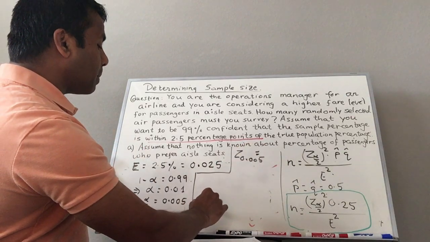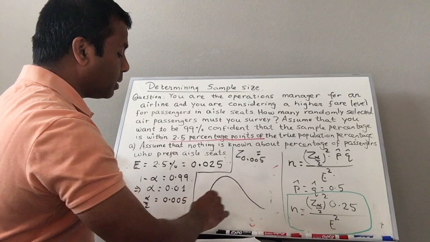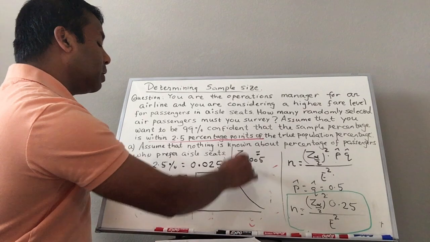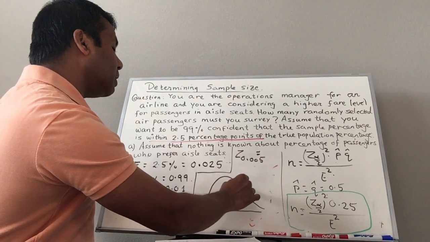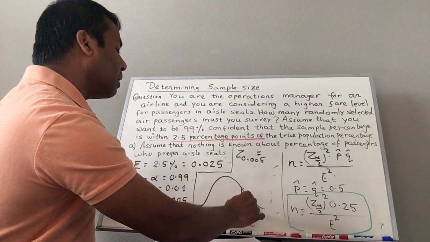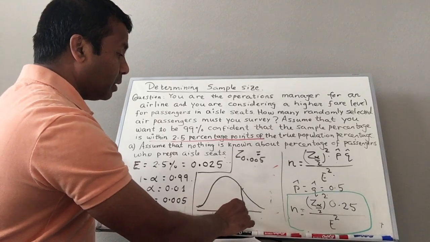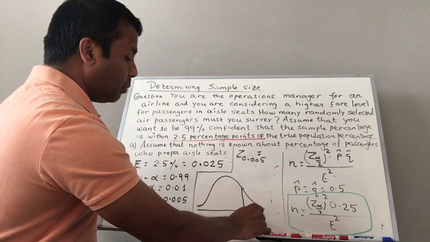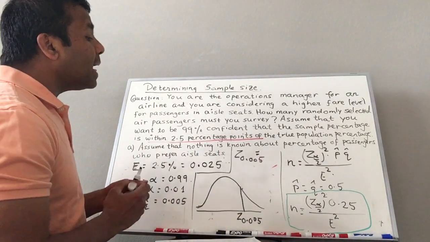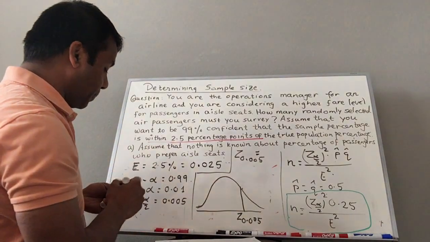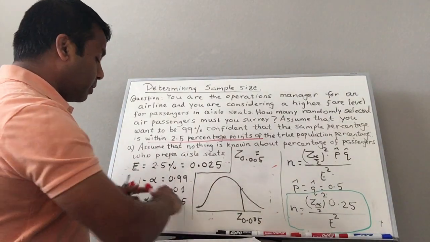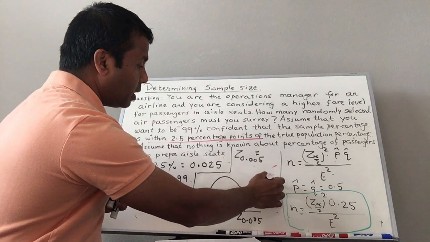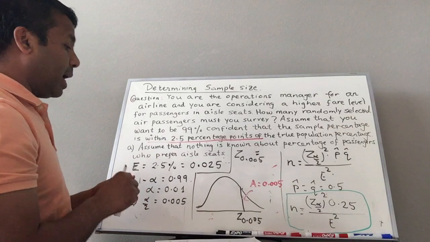So if you have a standard normal curve, let's say this is your standard normal curve, right? So this is a Z score, Z.005, whose area to the right, so this area, is 0.005, okay?